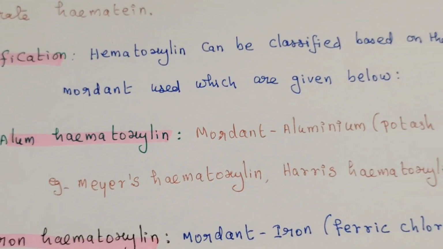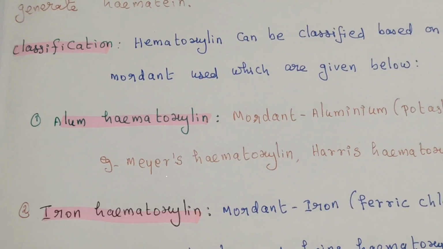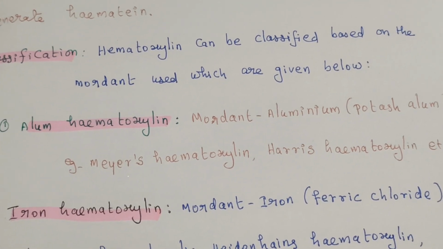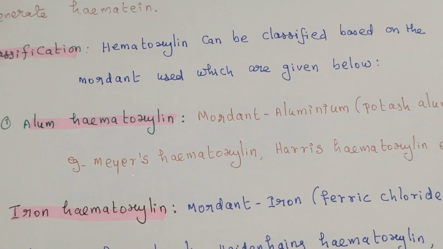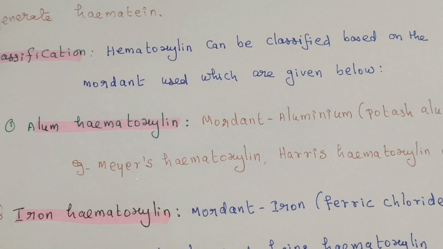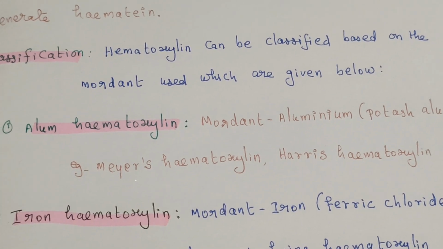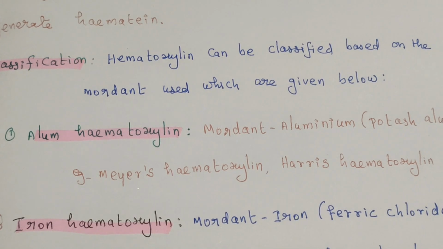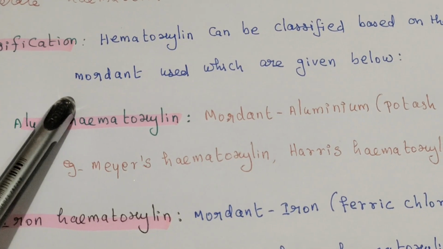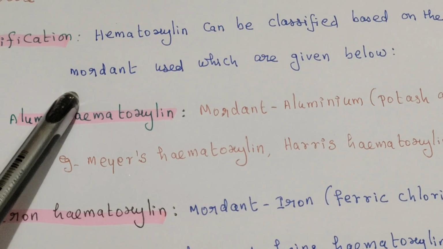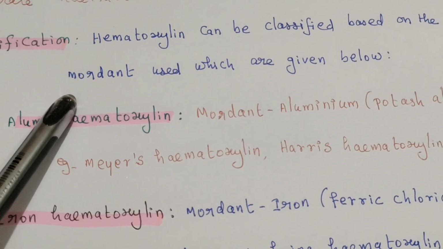Next, classification. Hematoxylin can be classified based on the mordant used. What is a mordant? A mordant is an inorganic oxide that combines with a dye or stain.